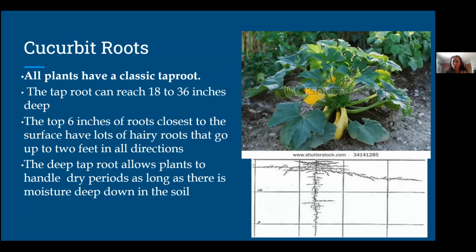They have a classic taproot that can reach 18 to 36 inches deep, meaning they're able to handle drier periods and retain moisture deeper in the soil. So it is important to water these plants really deeply, but they're able to handle drier periods.